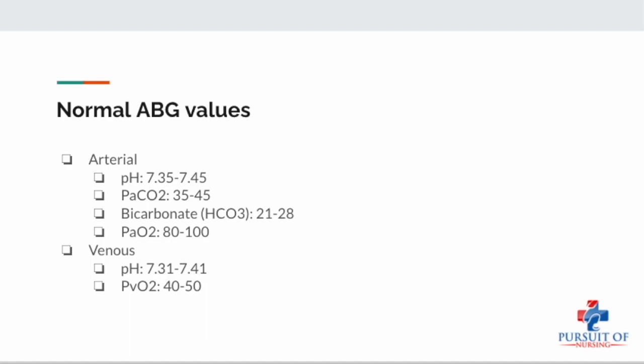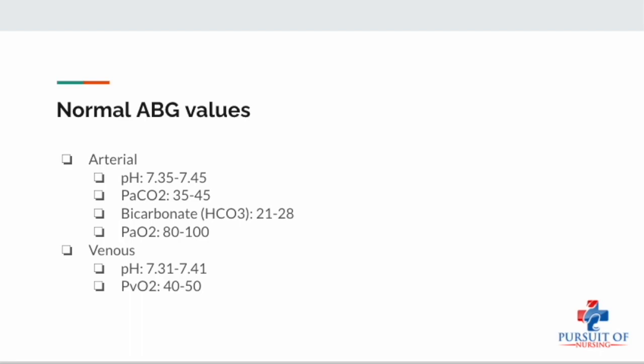That will determine if you have acidosis versus alkalosis. Then you want to look at the CO2. If the CO2 is opposite the pH, you know that the condition is respiratory. And then you look at the CO3, and if the CO3 has a corresponding relationship with the pH, then you know it's a metabolic imbalance.